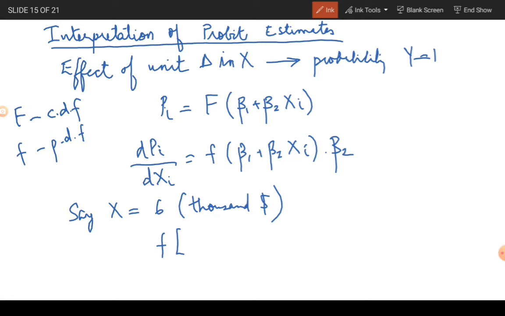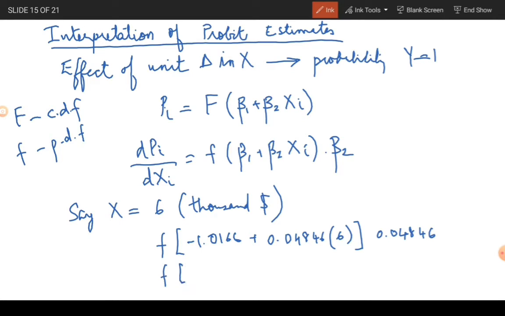The value of beta 1 in the example is minus 1.0166. The value of beta 2 from the regression results is 0.04846 times xi, which is 6, and the value of beta 2, like I said, is 0.04846.